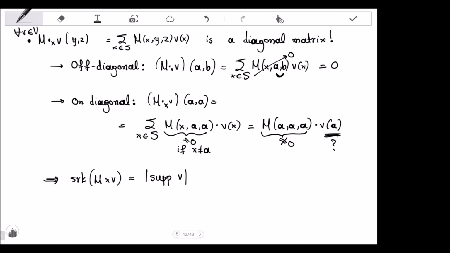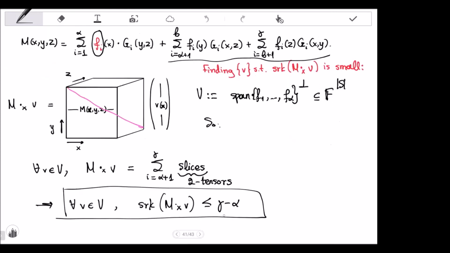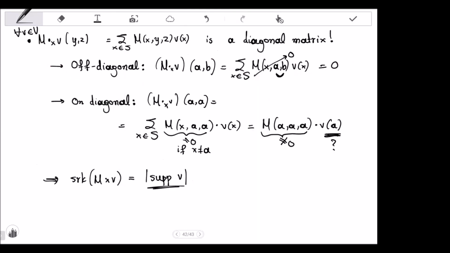And now I take the previous bound on this one. So for every V in this universe, I had the uniformly controlled slice ranks. But now I know exactly what the slice rank is for any single V. So I have that for any V in this universe, the gamma minus alpha, the upper bound on the slice ranks, is at least the support of that V. And the most interesting lower bound comes from the V with largest support.